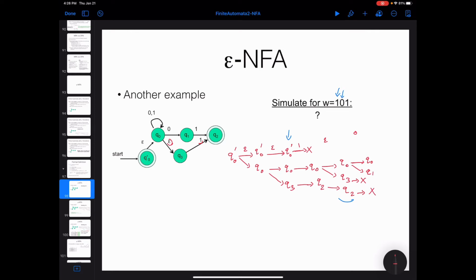Okay, at this point, again, before reading the next input symbol, you have to try to apply the epsilon transitions. Maybe you get more possibilities, and yes, you do, because you have the Q0 here.